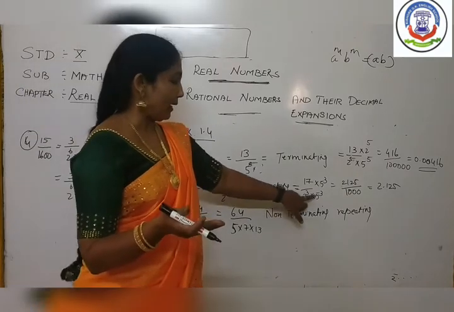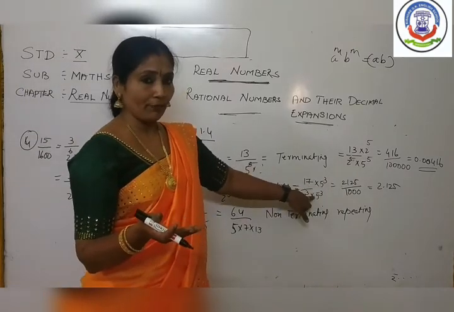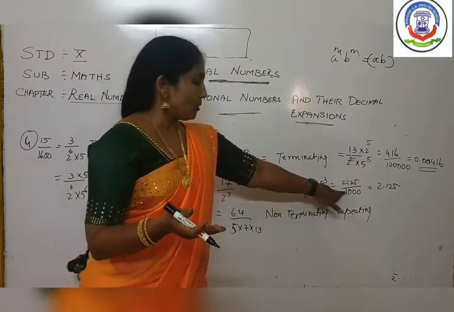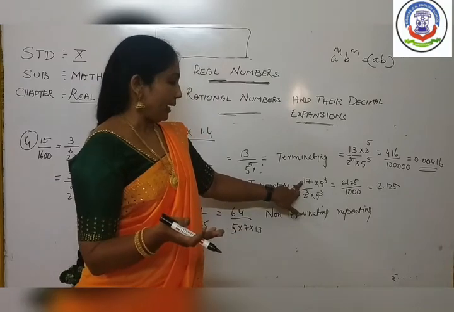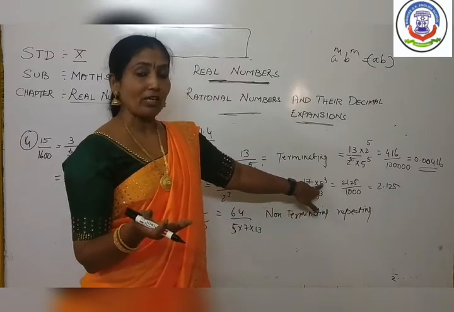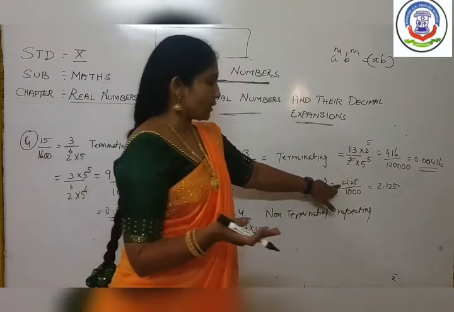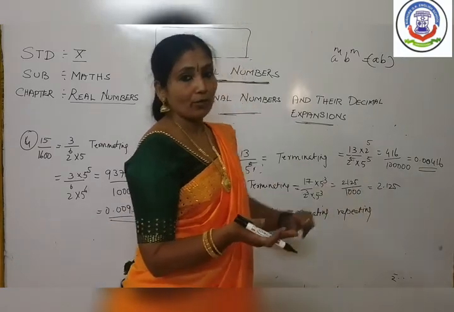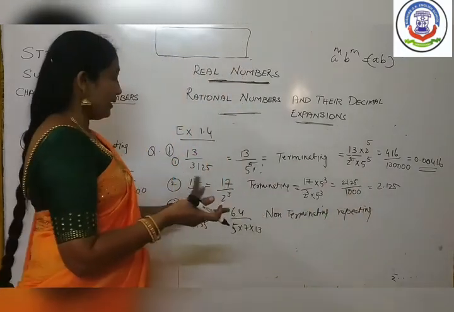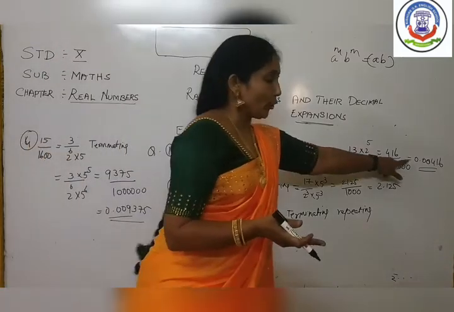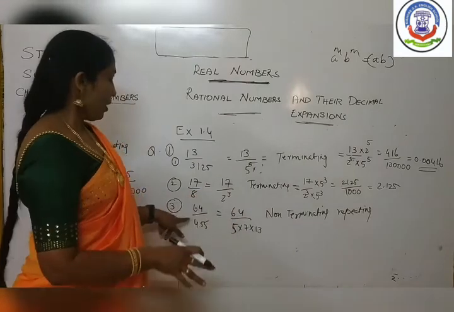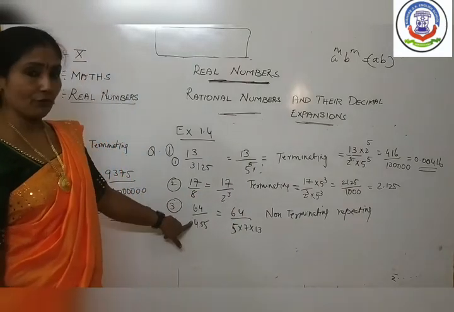I multiplied numerator and denominator by 5 cube, which becomes 10 cube, that is 1000. 17 multiplied by 5 cube, which is 125, gives 2125. 2125 divided by 1000 is equal to 2.125. So you see that if it is terminating, we get a decimal expansion which terminates. Is it right?